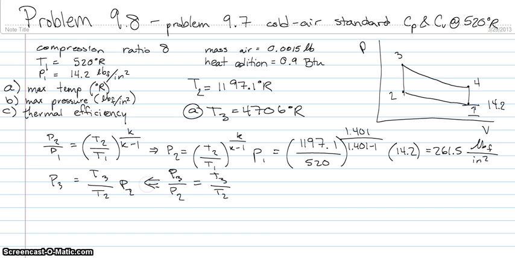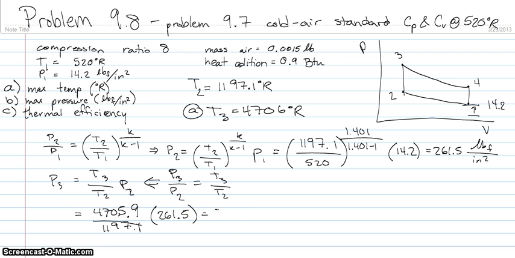So kind of backwards there. When we plug in our known values, we have the temperatures that we've solved for, and we'll multiply that by the pressure that we just now solved for also, 261.5.